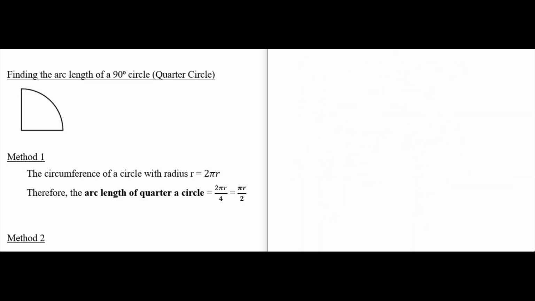And again, the second method is by using the angle at the center. So the angle at the center is 90 degrees. We already know in a quarter circle it's 90 degrees. So for a 360 degree circle, it's 2 pi r.